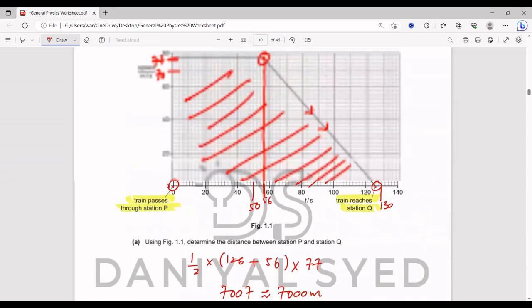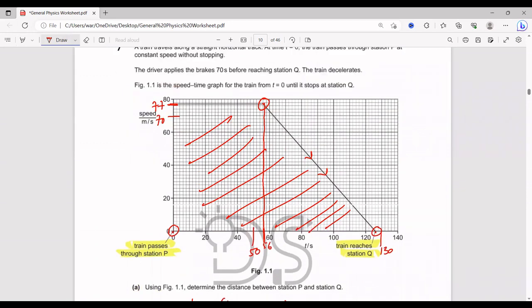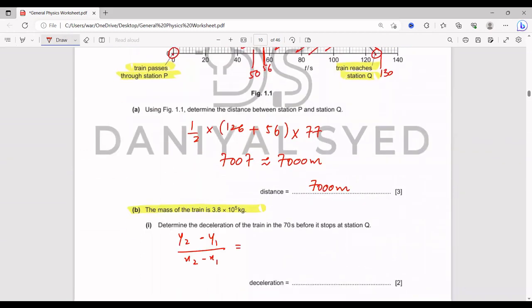This point is 126, 0, and this point is 56, 77. So 0 minus 77 divided by 126 minus 56.